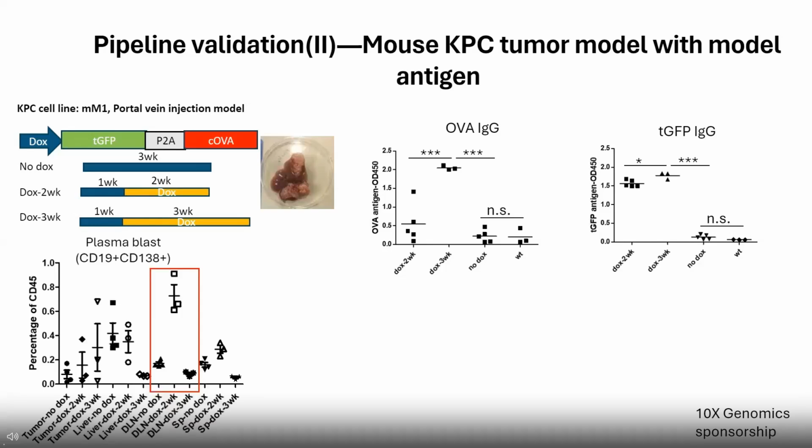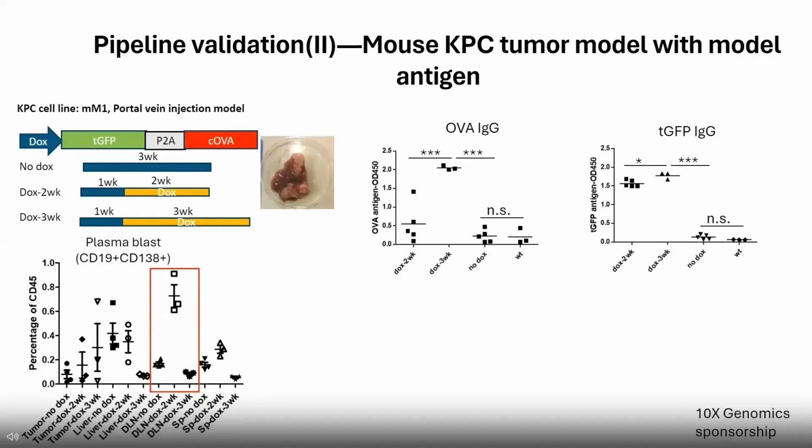So we further analyzed the immune cell populations within the tumor and also the draining lymph nodes. One slide we're showing here analyzes plasma cells, particularly plasmablasts, marked by CD19 and CD138 double positive, across different compartments, including tumor without Dox, with Dox 2 weeks or 3 weeks, liver non-tumor area with normal control, and also the draining lymph node, liver, or the more distant spleen site.